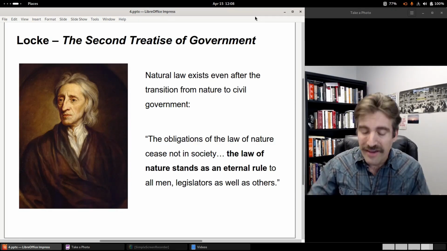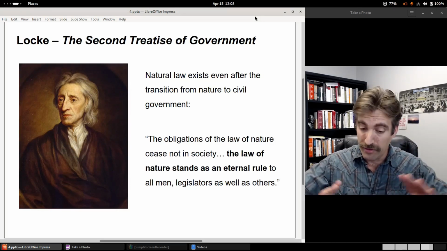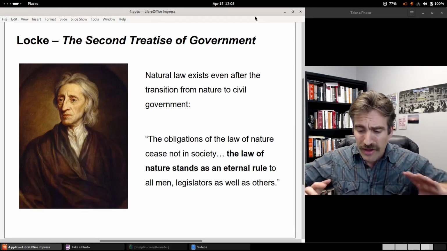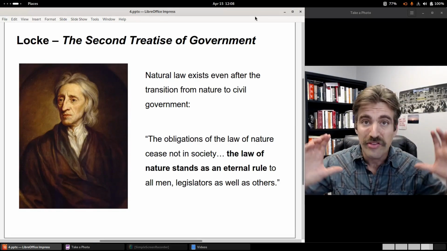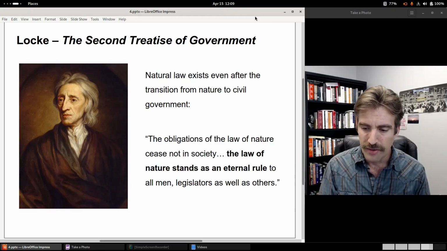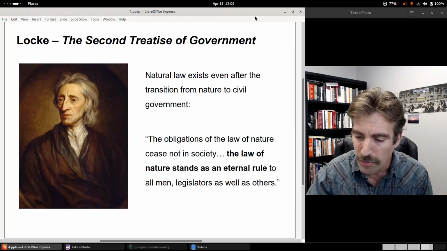And because God is immutable and perfect and holy and totally sovereign over his creation, God has the right to establish this law of nature. And this law of nature, therefore, is fixed, it's objective, it's immutable.